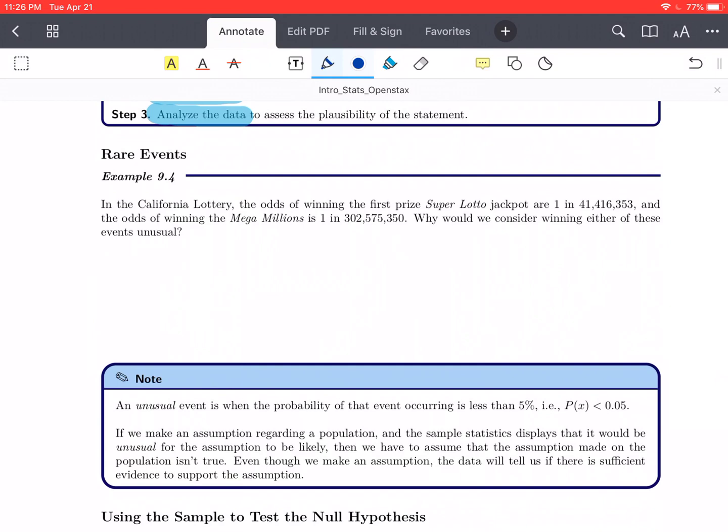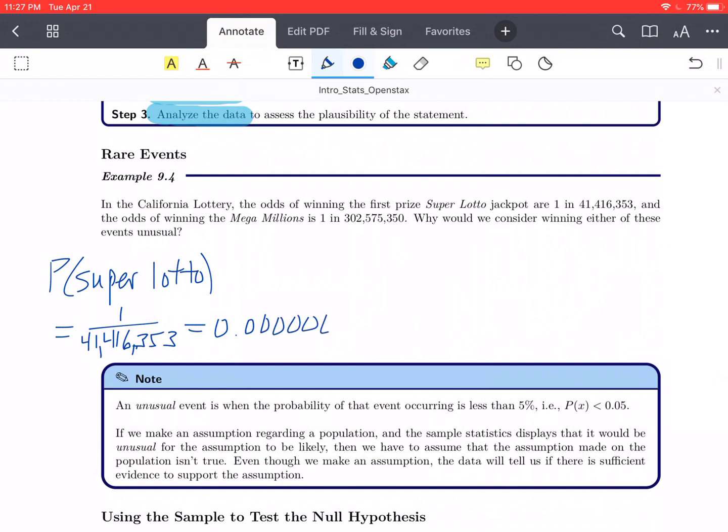If we look at the probability of winning the Super Lotto, assuming you buy 1 ticket, that would be 1 out of 41,416,353, which, if you write that as a decimal, is 0.00000024.